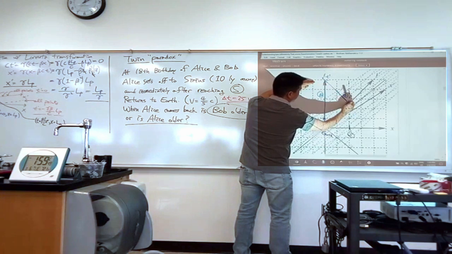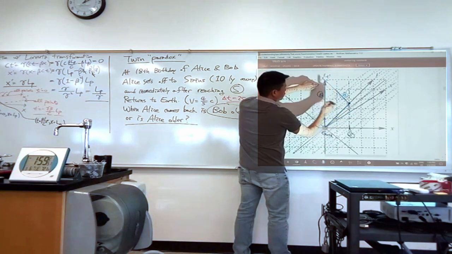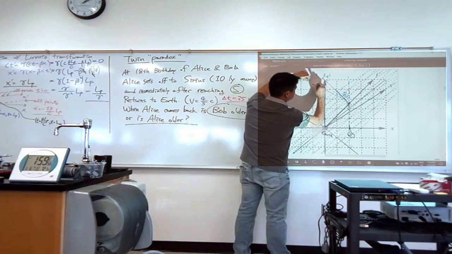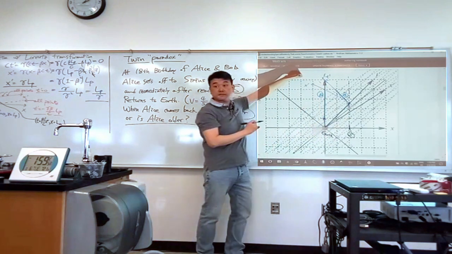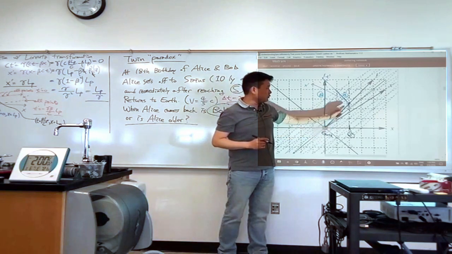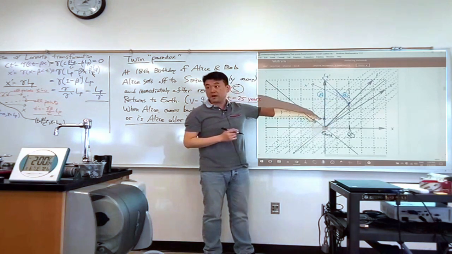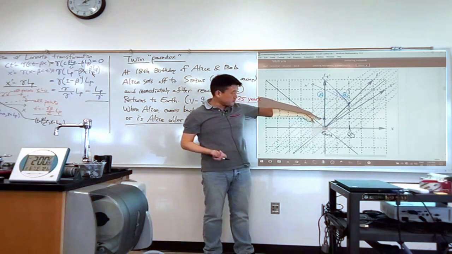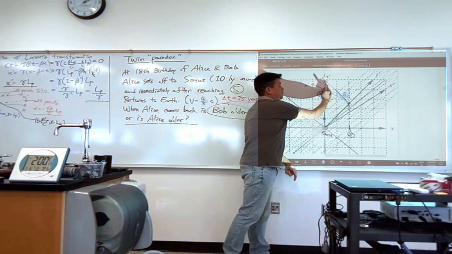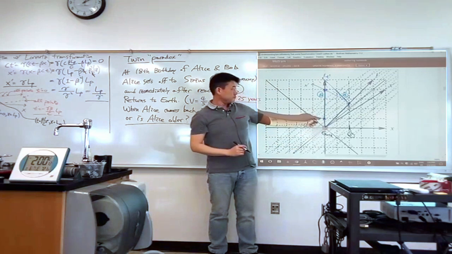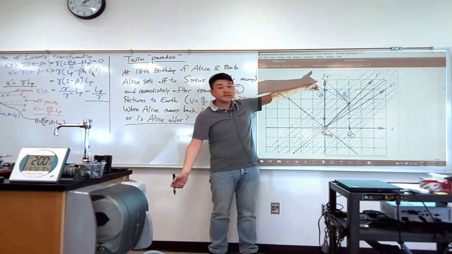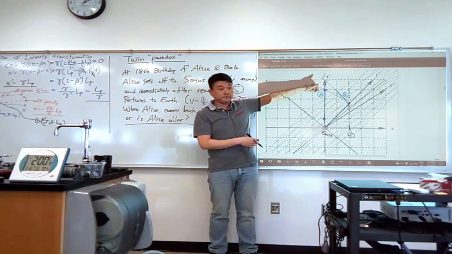If this is the line representing speed of light travel, then the x prime axis would be this one. As she was arriving at Sirius, this was Bob right now. As she's leaving Sirius, this is Bob right now. So Bob's time skips a bunch of years as Alice is turning around.